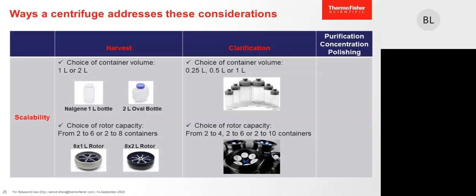So here you see some example of scalability for the harvest and the clarification. This can be answered by different types, different sizes of container, different quantity of containers. Different volume and different quantity of containers.